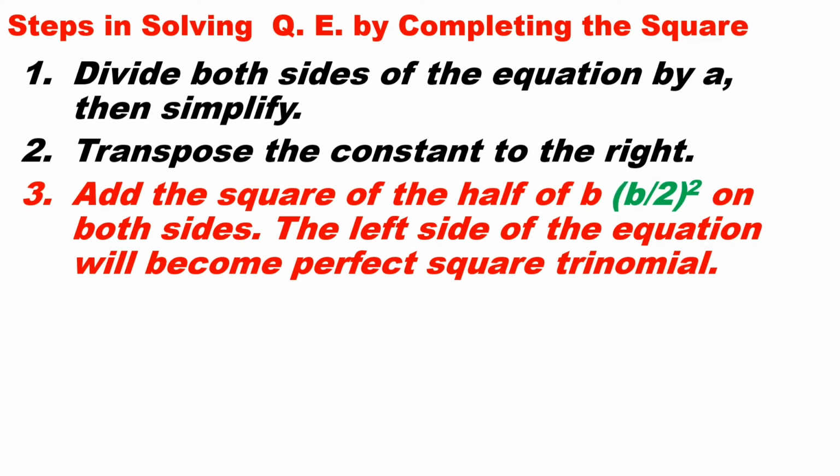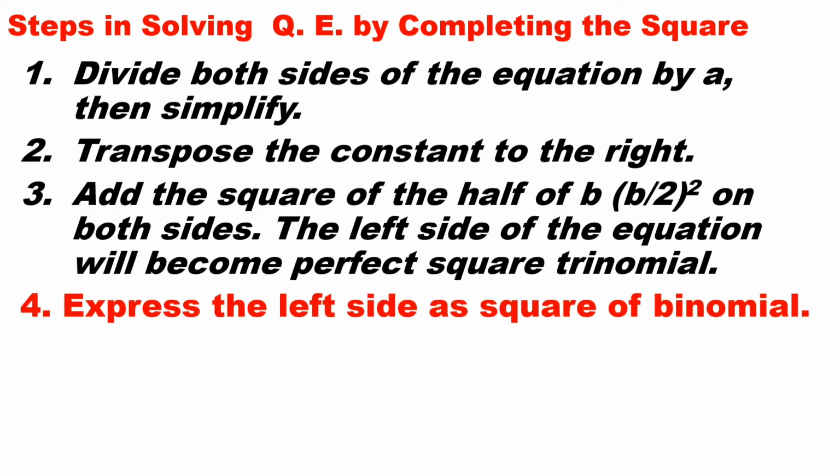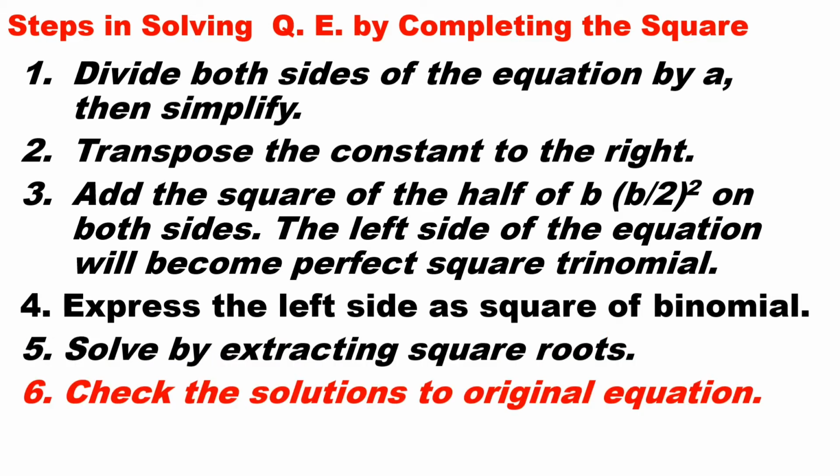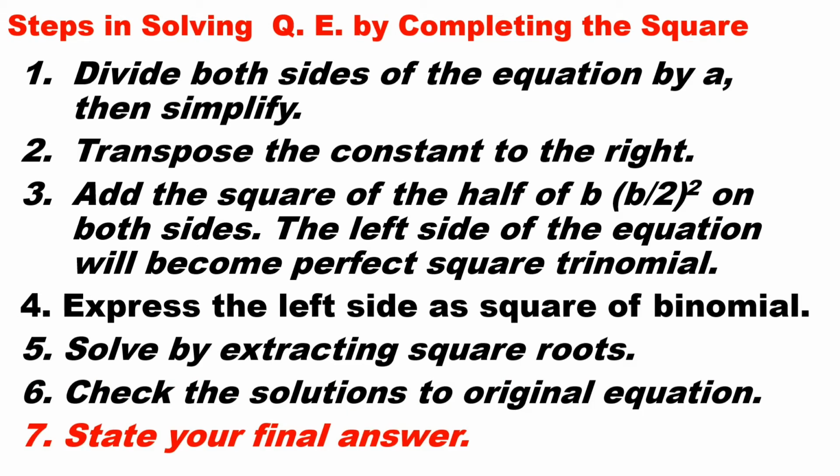The left side of the equation will become a perfect square trinomial. Step 4. Express the left side as a square of binomial. Step 5. Solve by extracting square root. Step 6. Check the solutions to the original equation. And Step 7. State your final answer.